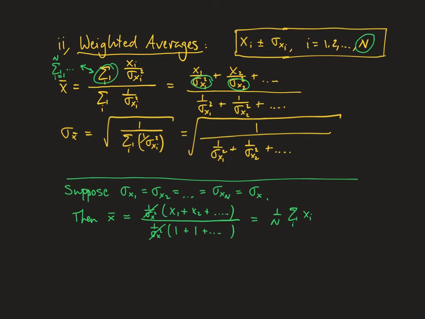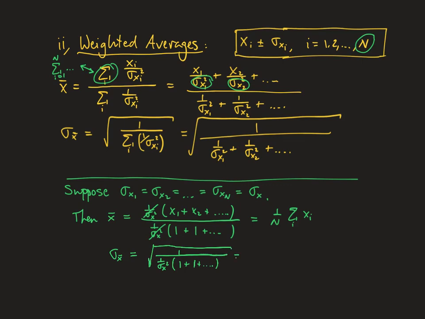Okay, how about the uncertainty though? This is kind of interesting. The uncertainty in the average in this case is going to be the square root of 1 over sigma x squared times 1 plus 1 plus dot dot dot.